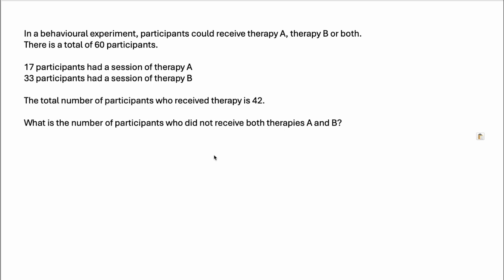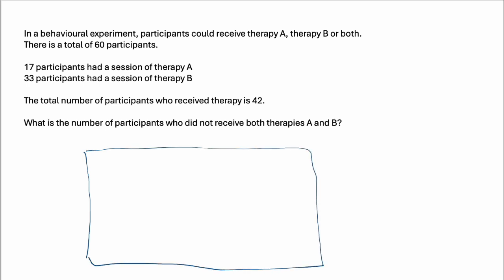Okay, so let's solve this using a Venn diagram, okay? So I have a universe, and I'm going to draw a universal set where inside this universe are people receiving therapy.